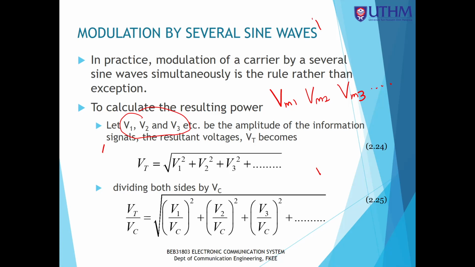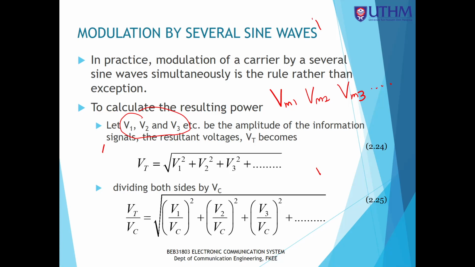Later I will explain how we get that. First of all, this is the total power for the double sideband full carrier, but now we have more than 2 sidebands, maybe 2, 4, 6, 8.